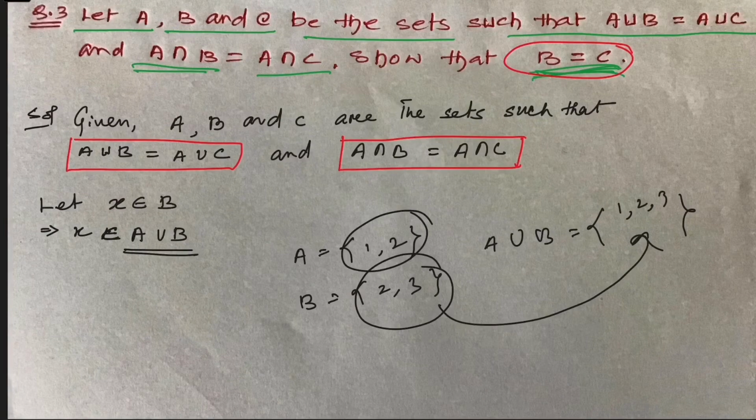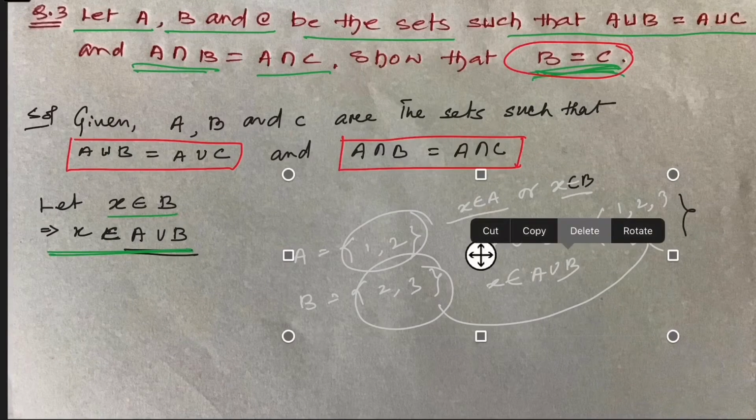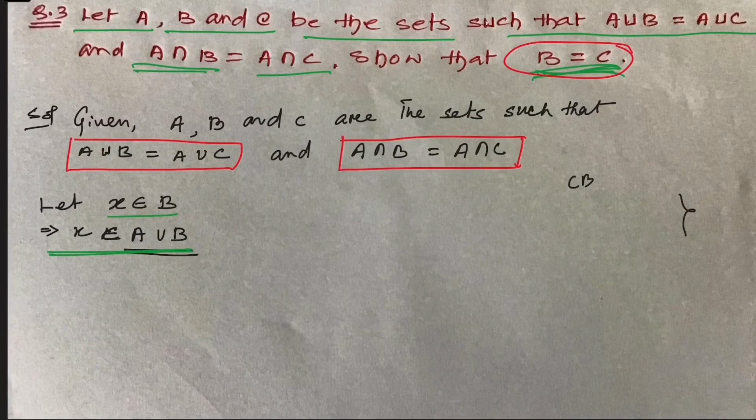That's why if an element is either in A or in B, then this element must be in A union B. Remember that. So if X belongs to B, then X must belong to A union B. I hope you have understood this part.